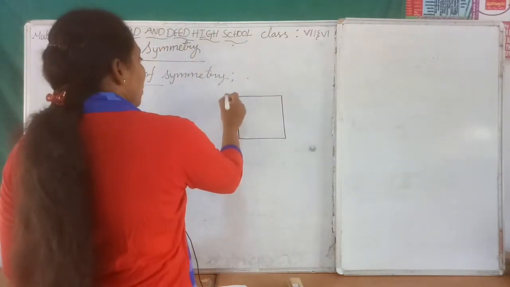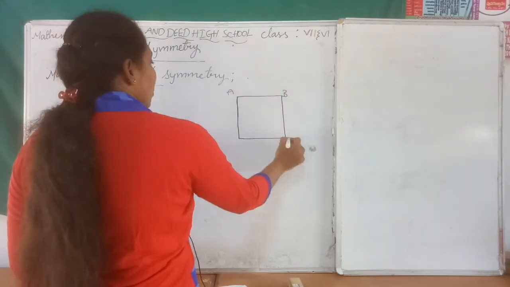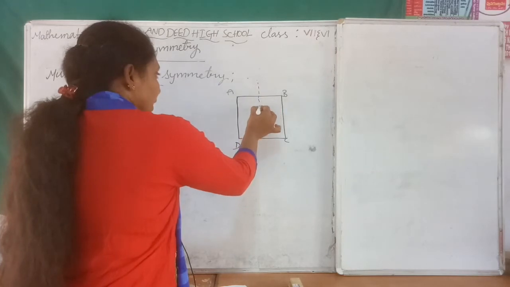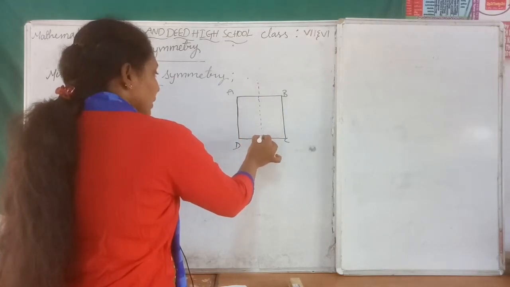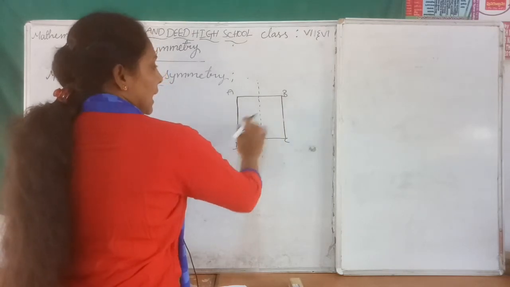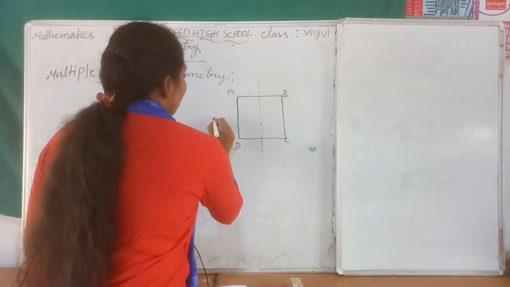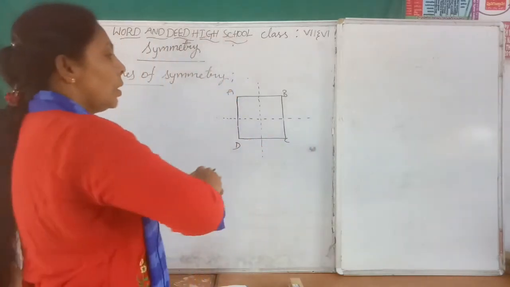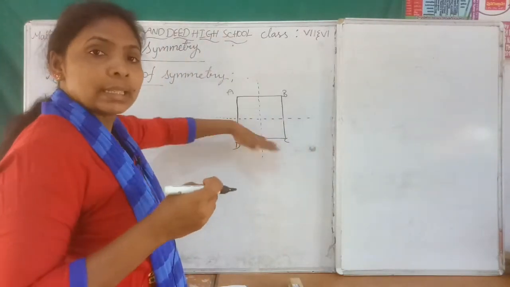So this is the square. Now, vertically we can divide, children. That means the two parts coincide exactly. Next, horizontally also we can divide. Then also they divide the same.